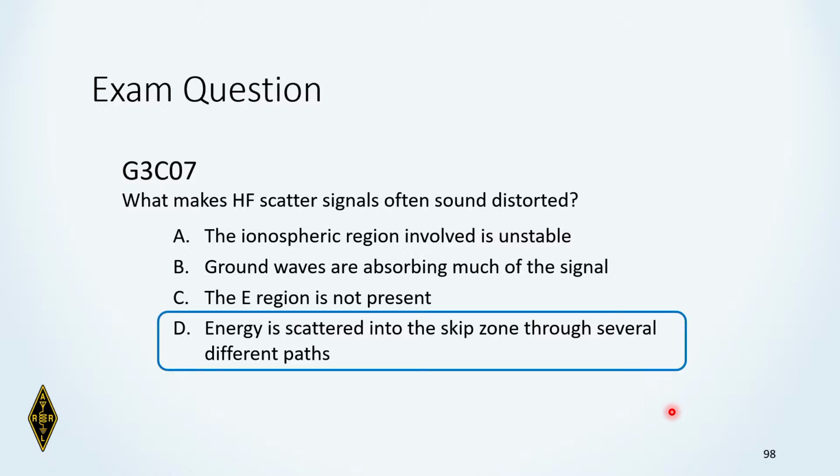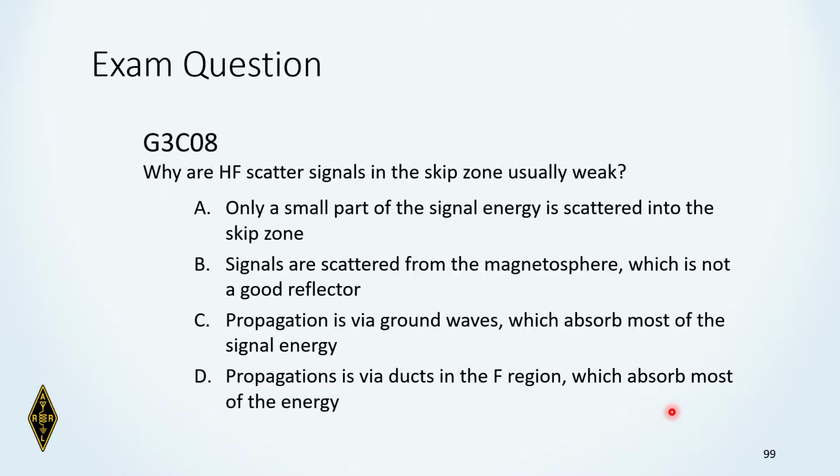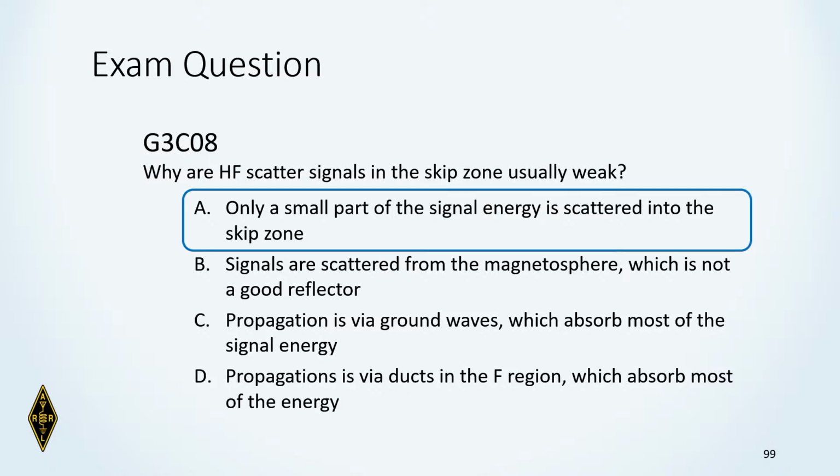Delta. Yep. Energy is scattered into the skip zone through several different paths, distorting the signal. Why are HF scatter signals in the skip zone usually weak? Alpha. Correct. Only a small part of the signal energy is scattered into the skip zone.